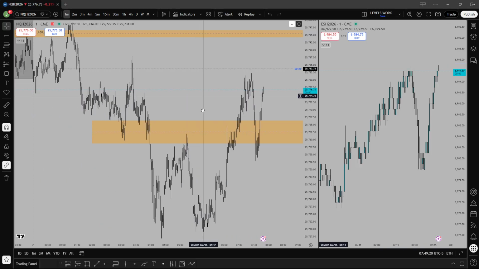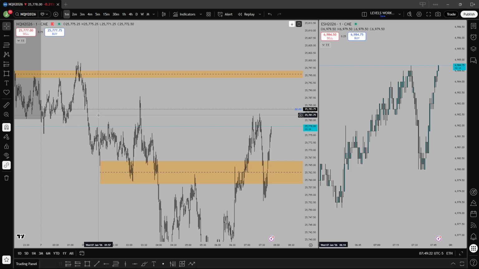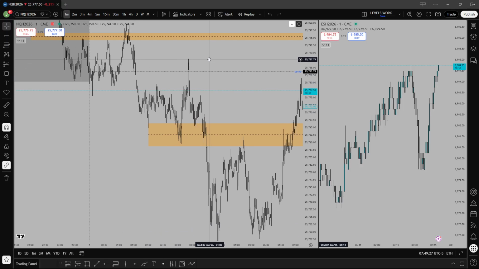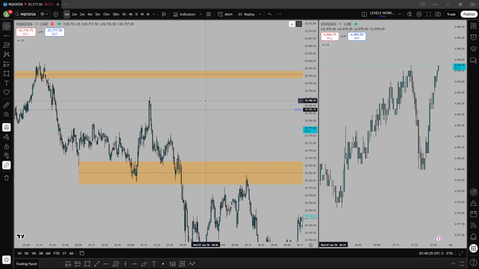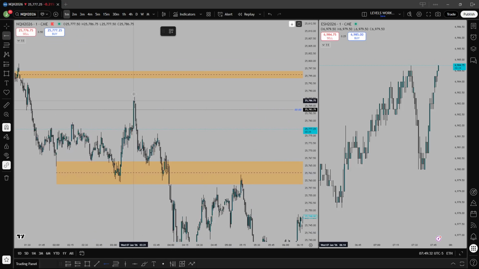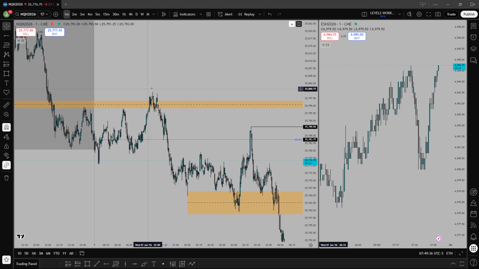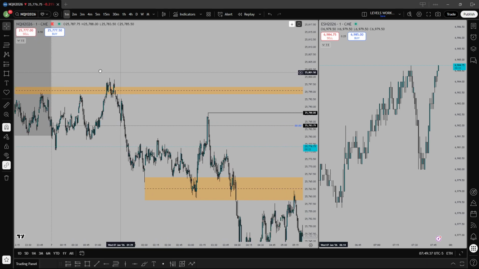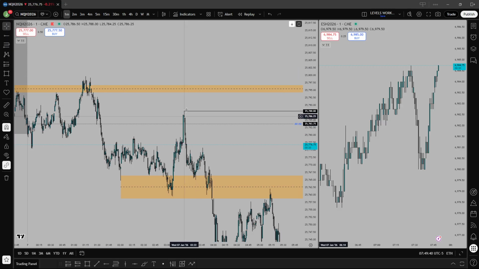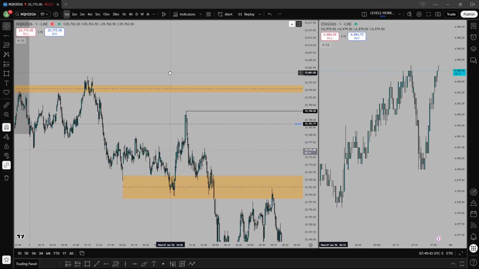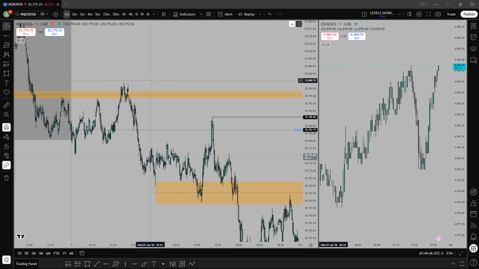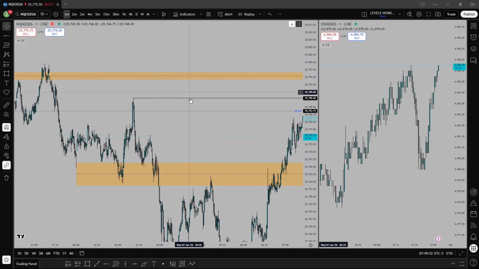What's the London high? This is the London high. I'm gonna use this one as the London high because it's post 2, but of course I'm gonna keep an eye out for this one too.